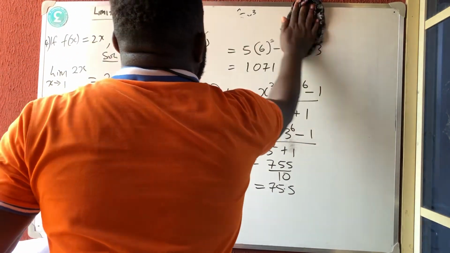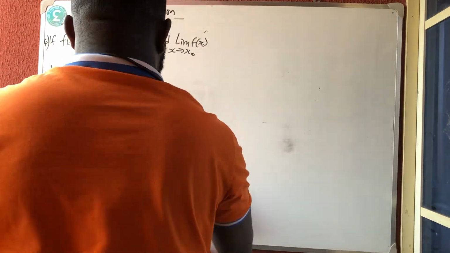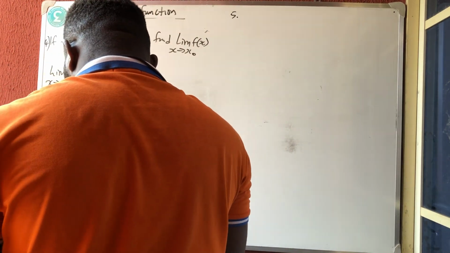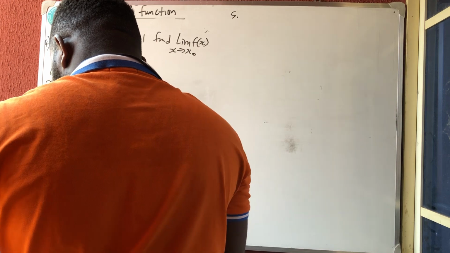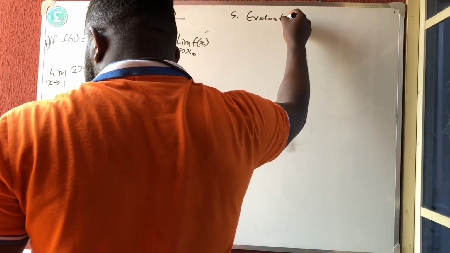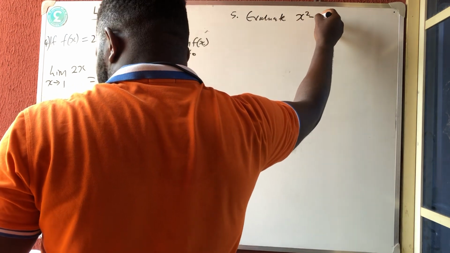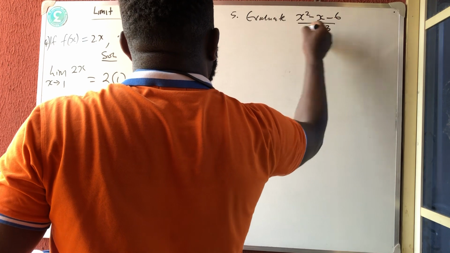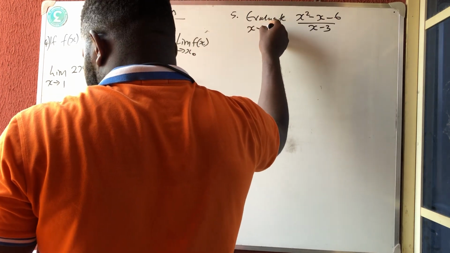Number 5 says evaluate the limit of x squared minus x minus 6 over x minus 3 as x approaches 3.